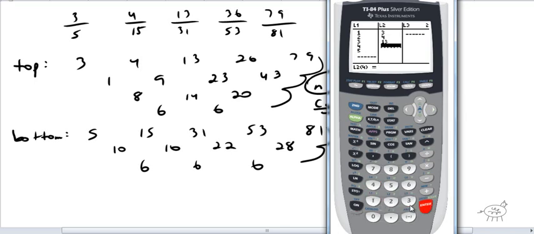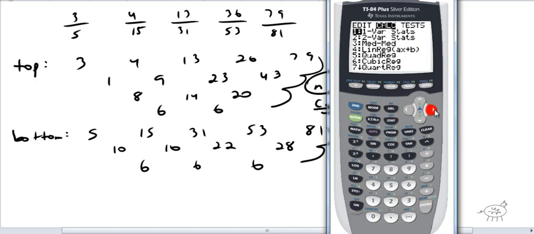Then I'll put in 3, 4, 13, 36, and 79. I know that the top one we figured was a cubic, so we're going to hit Stat, Calculate, Cubic, 6, Enter. Okay, remember that 1.7 e negative 11? That's like saying 0.